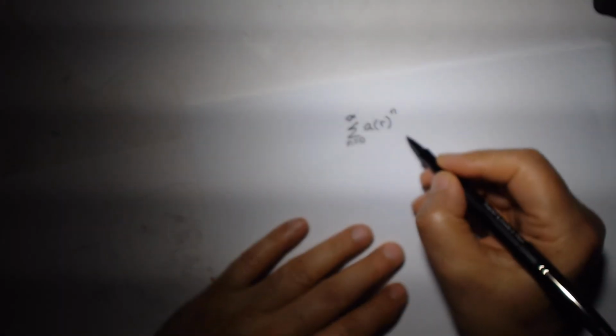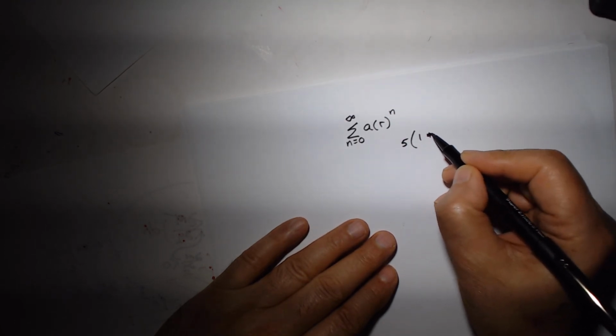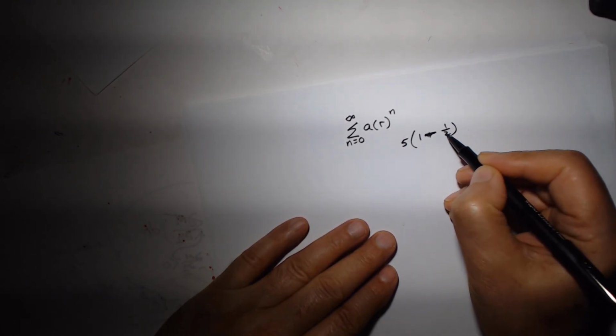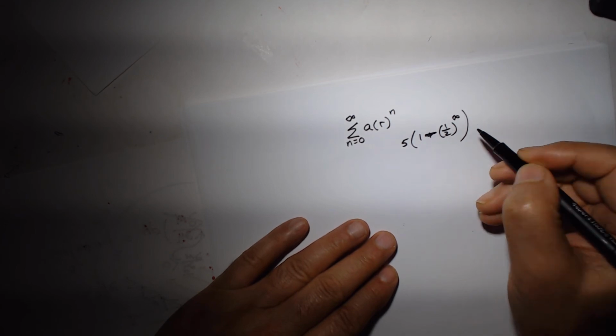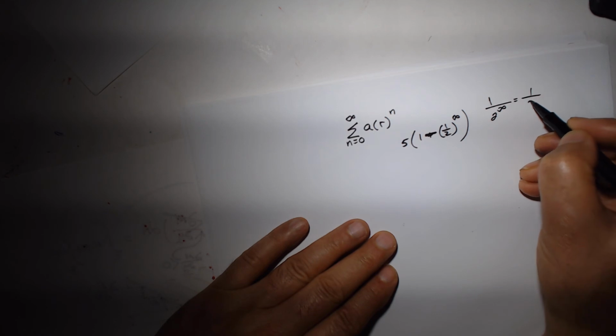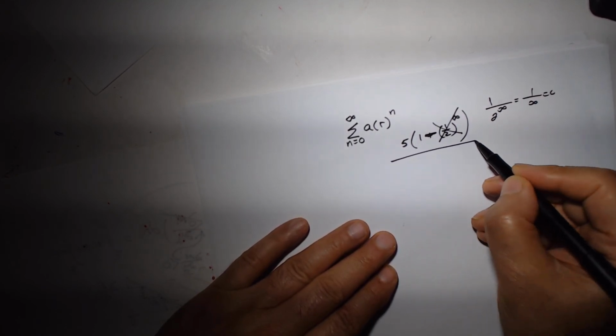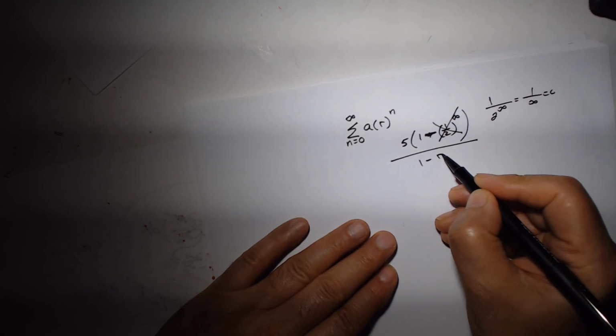I said, okay, that's not an issue, because if your a is 5 and your r is 1/2, when this goes to infinity, 1 over 2 to the power of infinity is 1 over infinity, and that becomes 0 over 1 minus r.